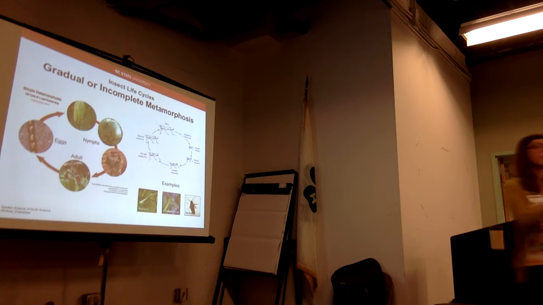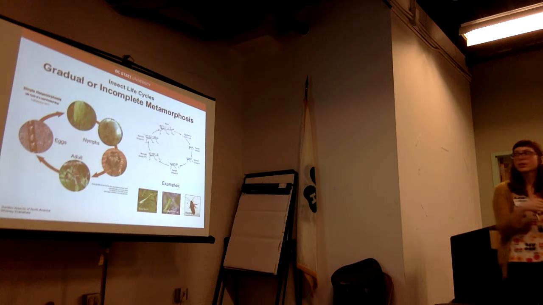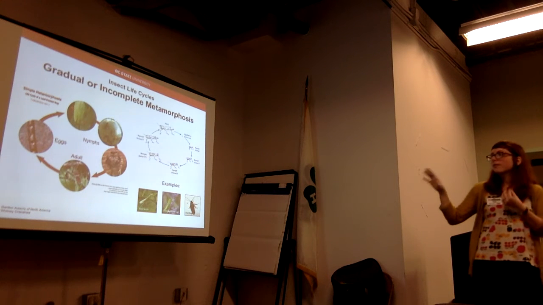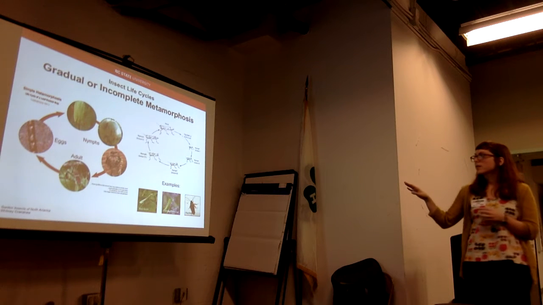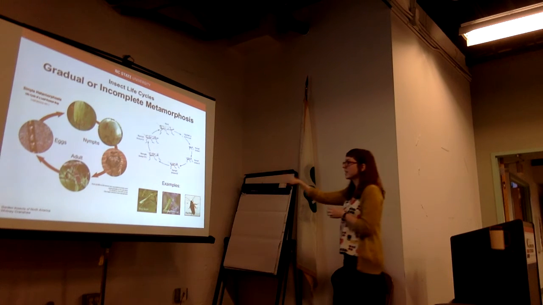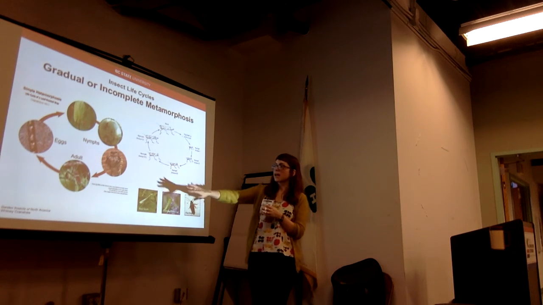Okay, so in terms of the way that insects grow, and this is where exoskeletons become kind of a limiting factor, first we have gradual or incomplete metamorphosis. This is what things like grasshoppers, katydids, cockroaches go through. This is an assassin bug.